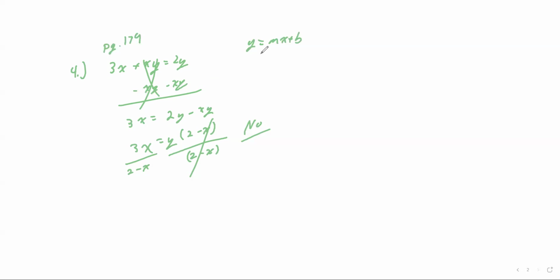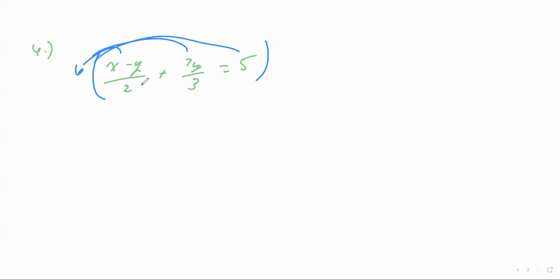You have x squared plus xy equals xy. So if you divide everything by x, you then have x plus y equals x, and then you would subtract x, so then y would equal 0, and now you have a linear function. So there are situations out there, but I almost want to go 90% of the time. You see an xy, it's going to be no for the linear.